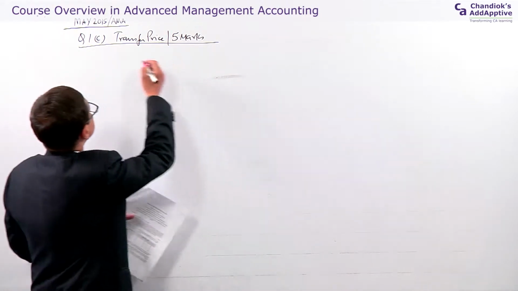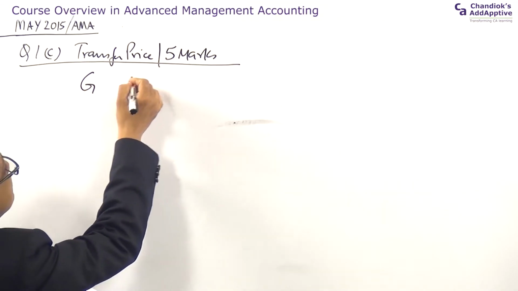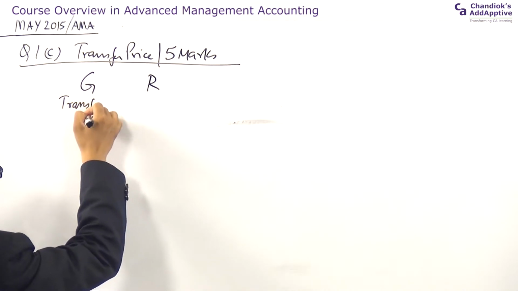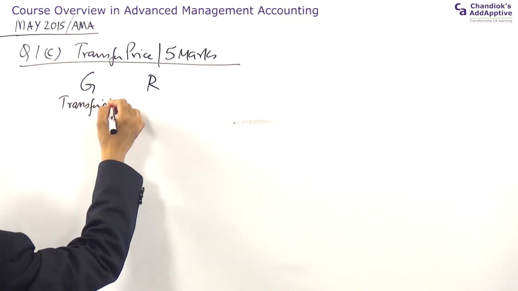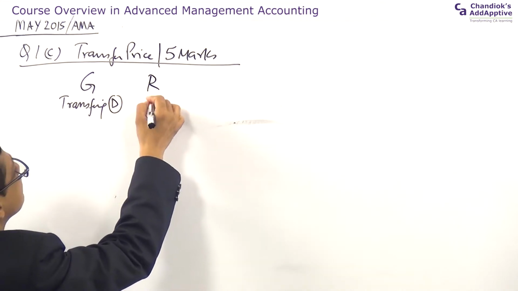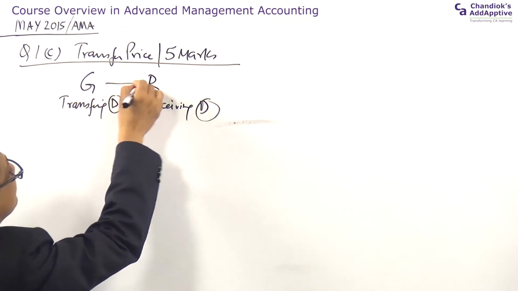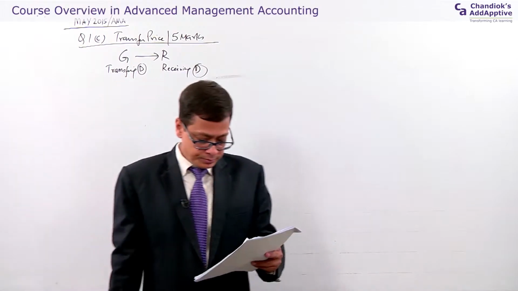It says G is transferring division to R. So G is the transferring division, and R is the receiving division, right? Now it says R has demand for 20% of G's production.